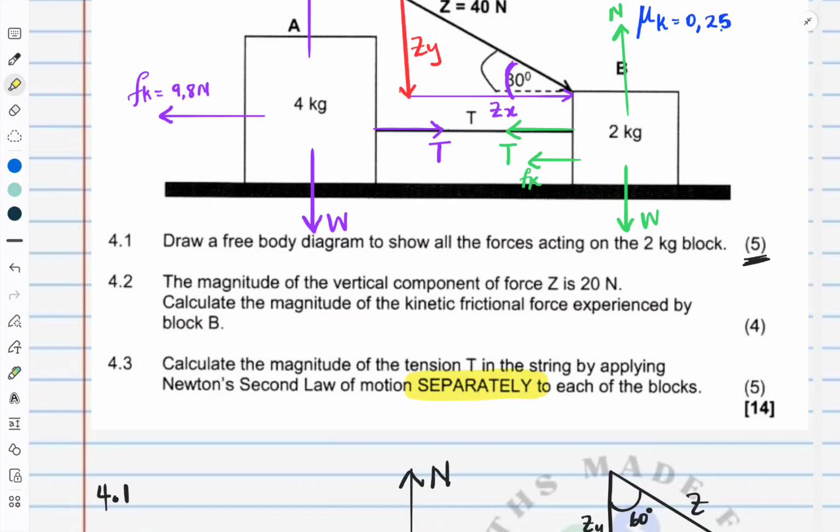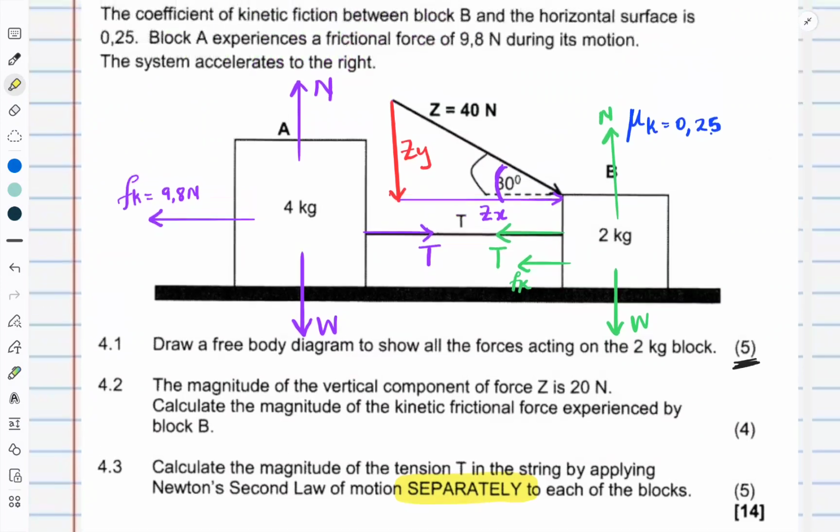This means method one that I normally use is the only one you will use here, because it involves separating these blocks, calculating independently, and then solving using simultaneous equations where necessary. Sometimes they're not necessary. So that's the method they want here.